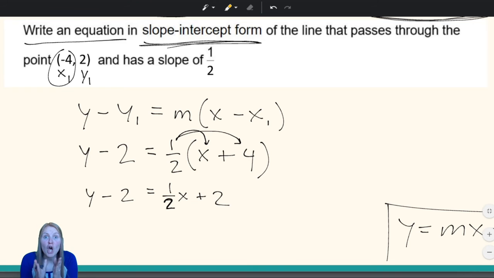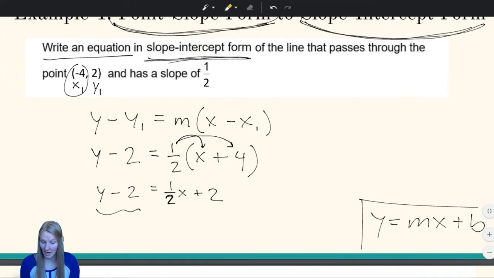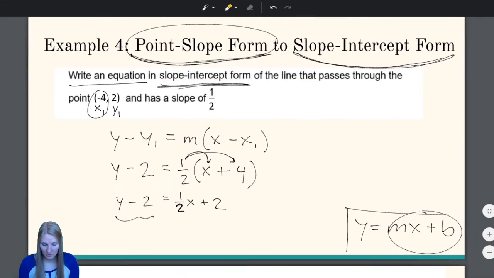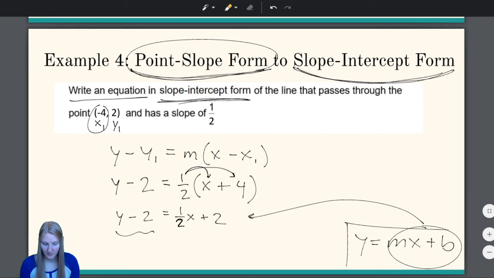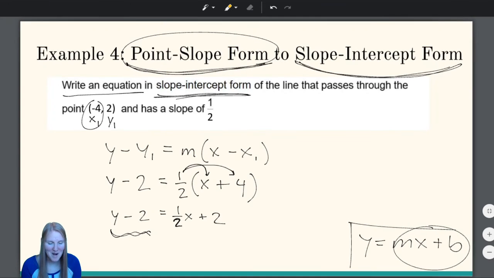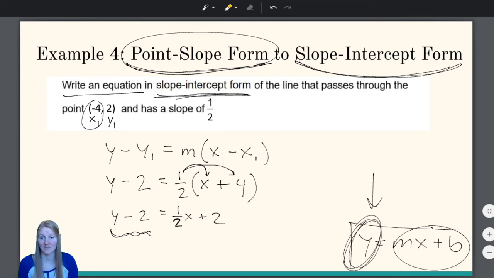Now we are so close. Look, we have y minus 2 equals like mx plus b, kinda, sorta. That's not b, but it's in that form. The right side of the equation is looking pretty good. But on the left side, I have y minus 2, and I only want y on the left side. y is the only thing on the left side in y equals mx plus b.